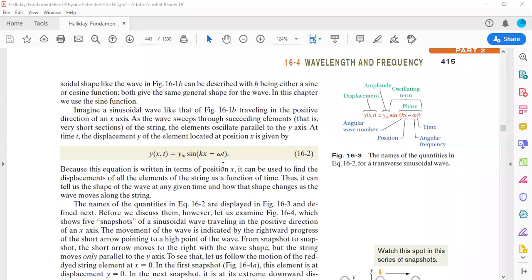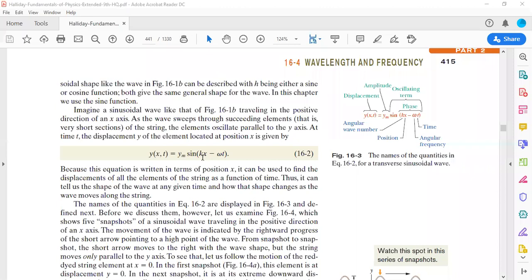This is equation number 16.2. ym is the amplitude of the wave. Amplitude means the maximum displacement of the medium component from its mean position when it is disturbed, either in a longitudinal wave or in a transverse wave. This is known as the amplitude of the wave.